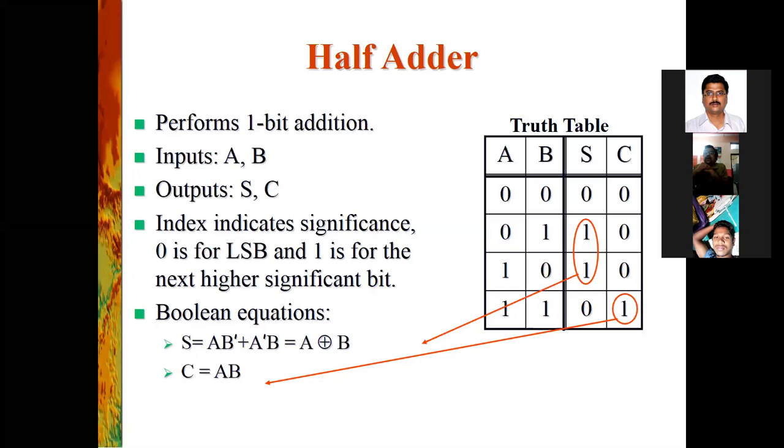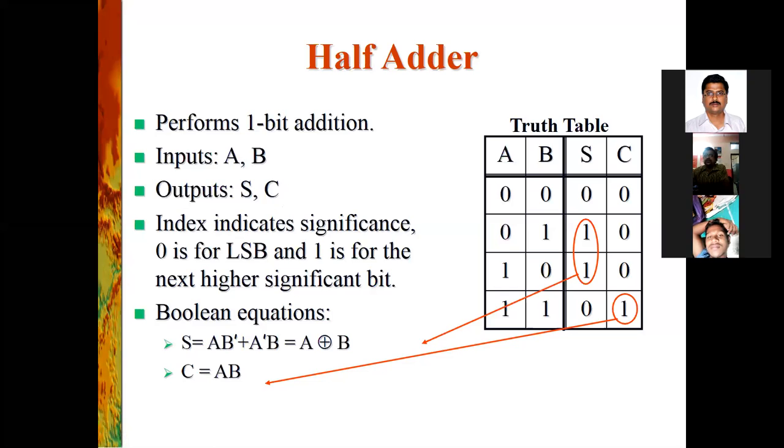So a half adder has 2 inputs and 2 outputs, and it performs 1-bit addition. What are the 2 inputs I am taking? One input is A, the other input is B. Then the outputs I am getting are S, which means it is the sum, and C represents the carry.